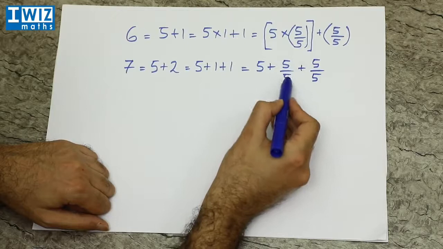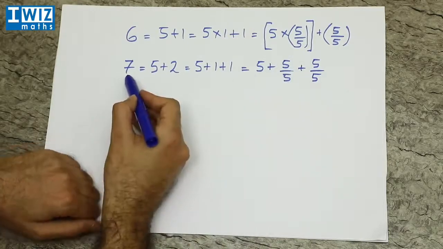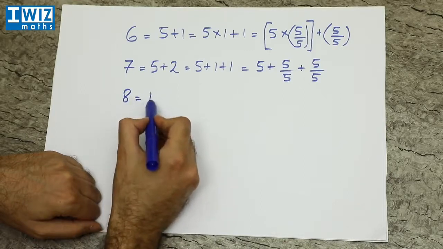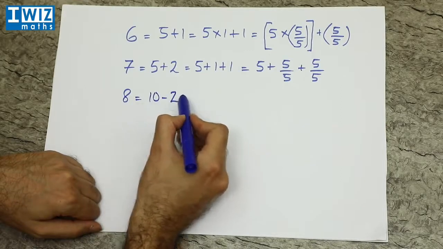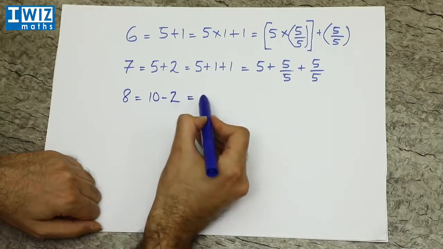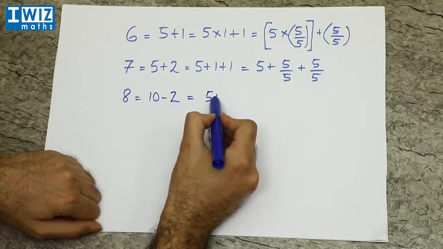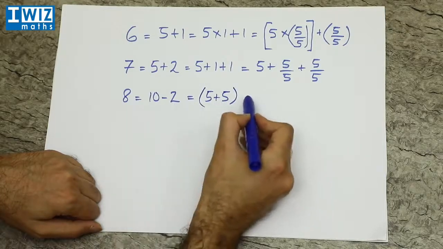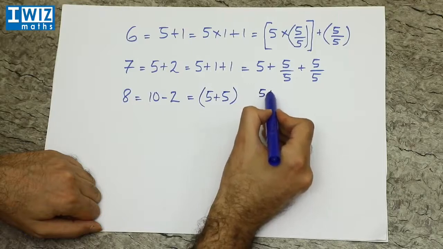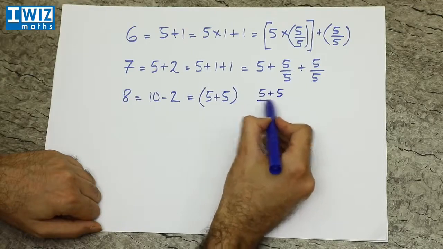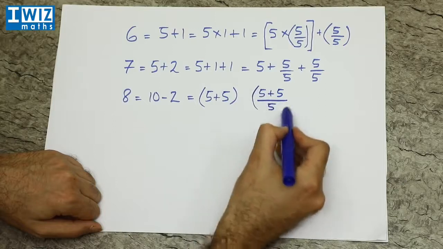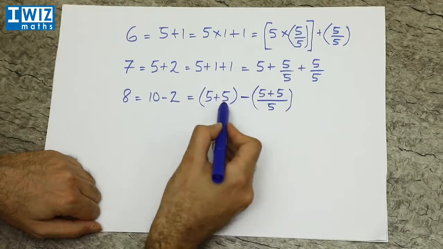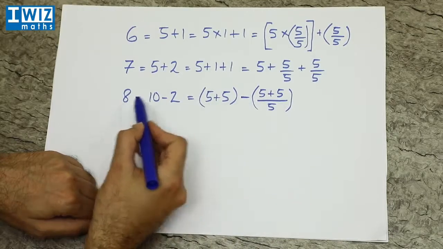So that's 5 plus 2 gets us 7. 8 can be written as 10 minus 2. So writing 10 is easy because that's just 5 plus 5. And to get to 2, we get (5 plus 5) divided by 5. Put that in a bracket, so that's 2, and put a minus sign in there. So we get 10 minus 2 is equal to 8.